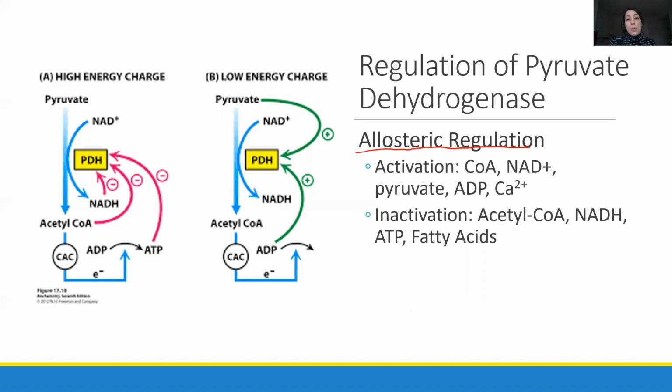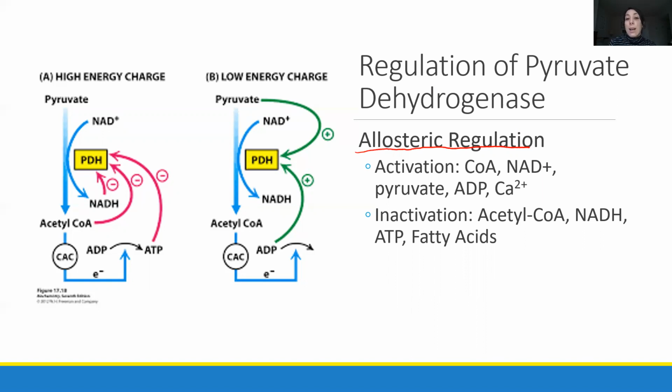In the case of pyruvate dehydrogenase, things that activate it are things that showcase that there is low energy. So if there's just regular coenzyme A, not made into the acetyl CoA form, a lot of coenzyme A, that's one of the reactants.